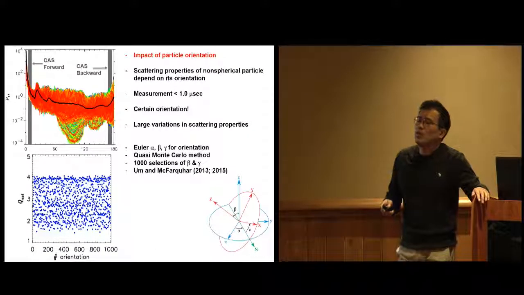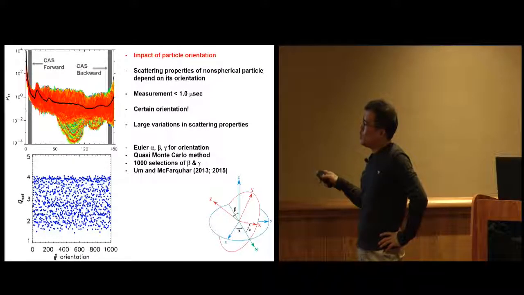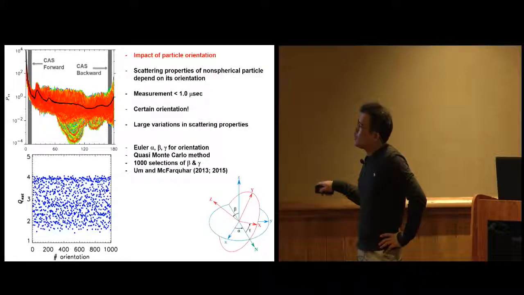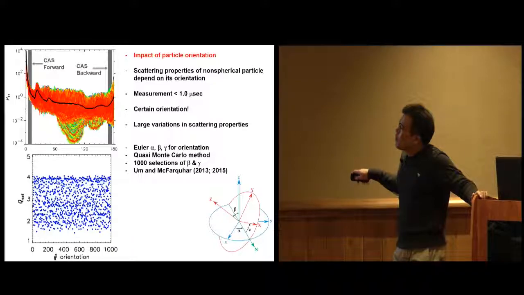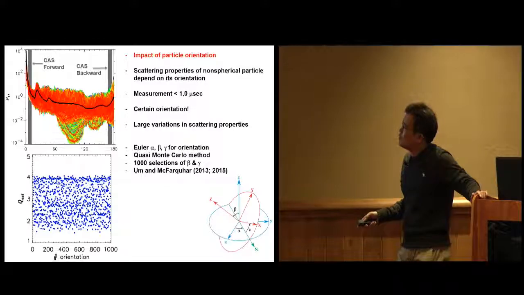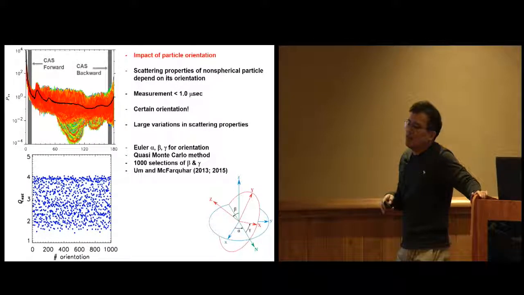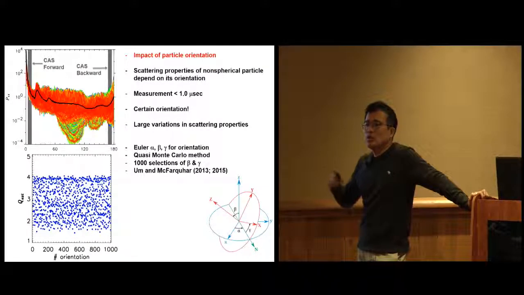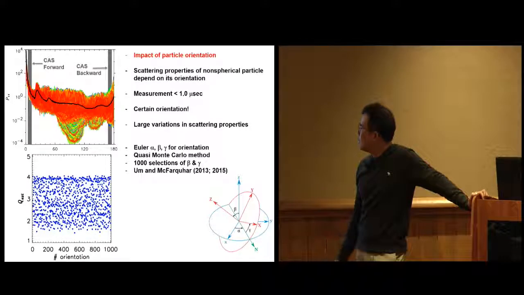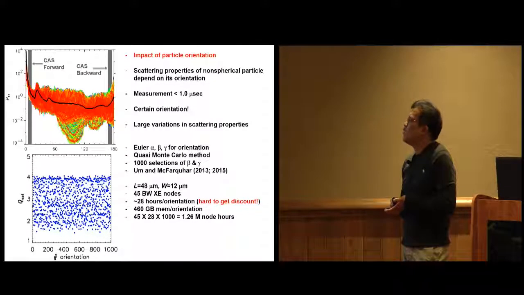Different orientations of ice crystal cause different scattering properties. This is the calculated extinction efficiency of a hexagonal column, and these different dots correspond to different orientations. So we use 10,000 different combinations of beta and gamma Euler angles to represent the particle's orientations. These are quite expensive calculations.